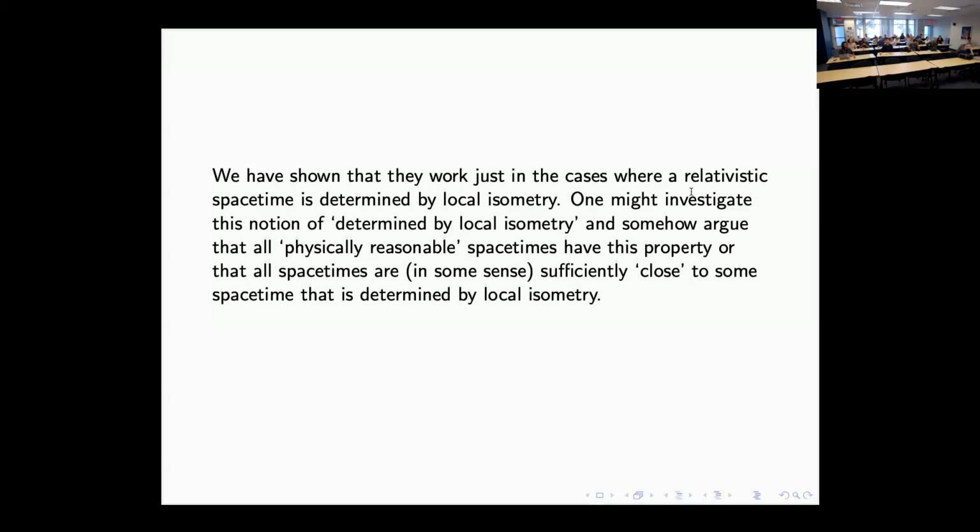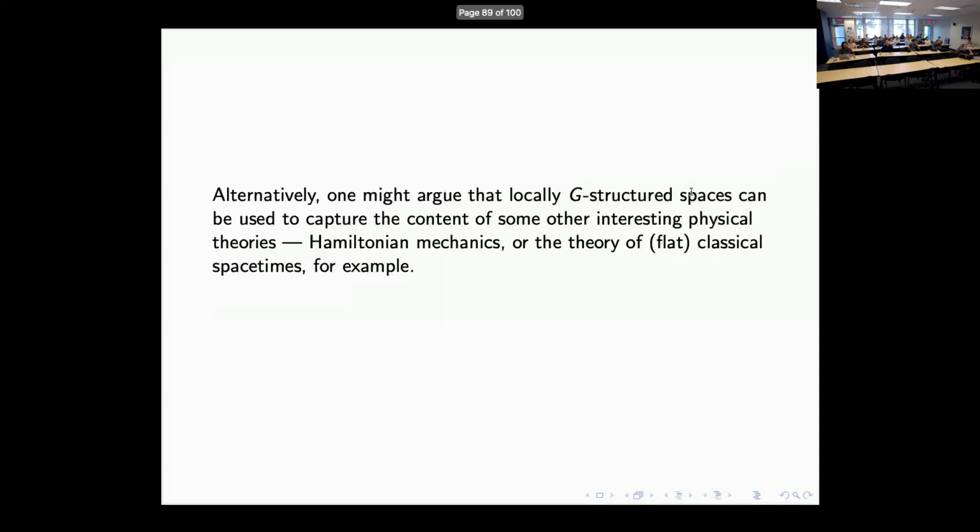But after investigating this notion, one might somehow argue that all physically reasonable spacetimes are determined by local isometry, or that all spacetimes are in some sense sufficiently close to some spacetime that's determined by local isometry, something like this. I have to confess I'm not super optimistic about this route. But it's definitely something that we should think about, in particular investigating this notion, seeing which kinds of spacetimes are or not determined by local isometry is a worthwhile thing to do.